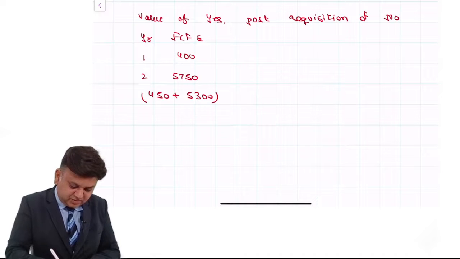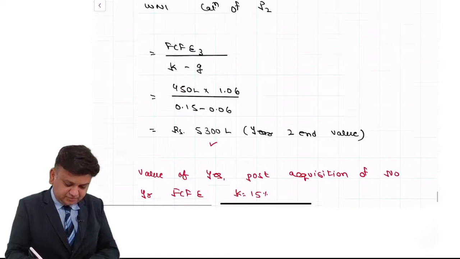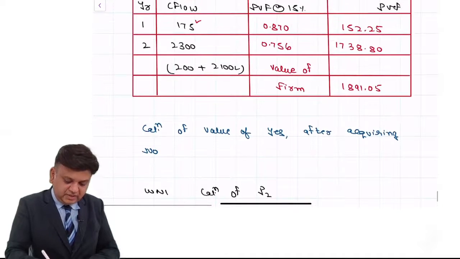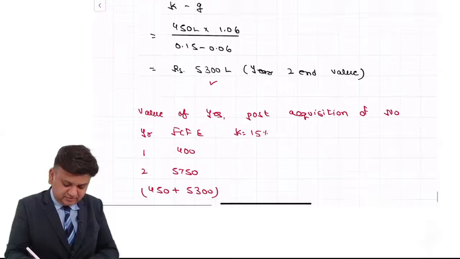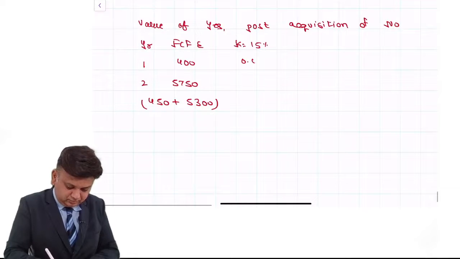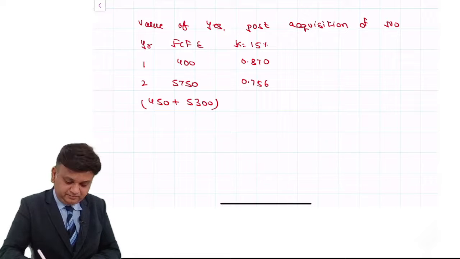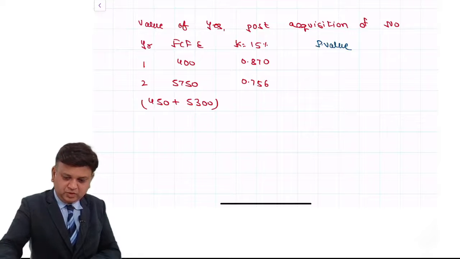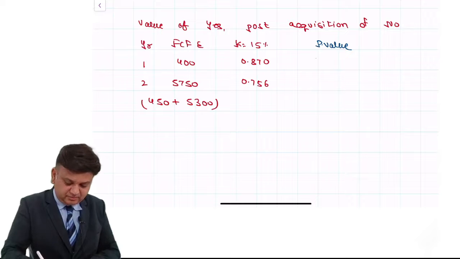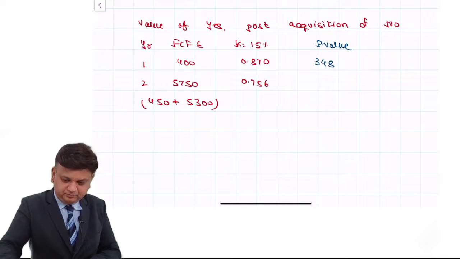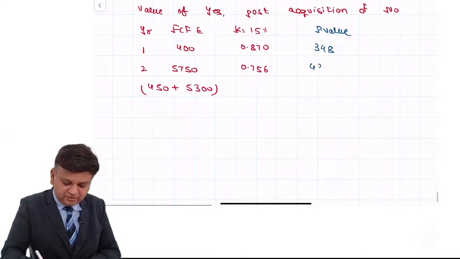Now it will be discounted at the rate of 15%: 0.87 and 0.756. The product of both of them will give the present value. 400 into 0.87, 348. 5750 into 0.756, 4347.